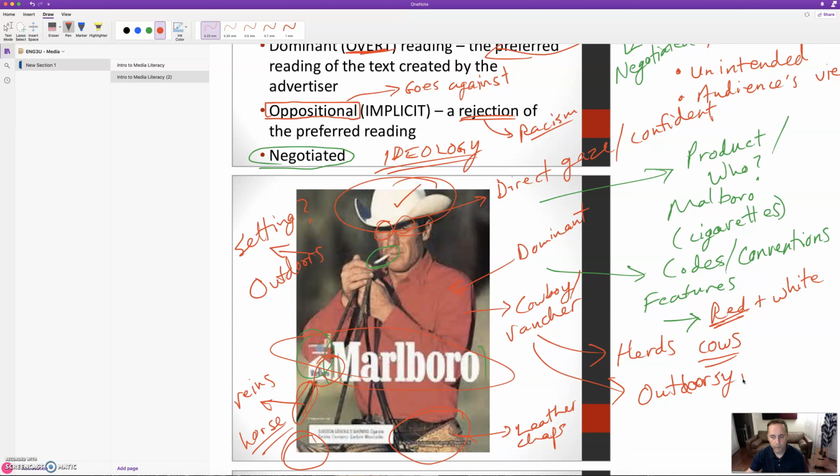And we would say kind of like rugged and tough. This kind of image of masculinity, because he's a man, right? So we're dealing with masculinity, ruggedness, smoking cigarettes.